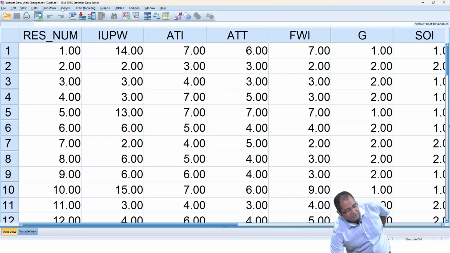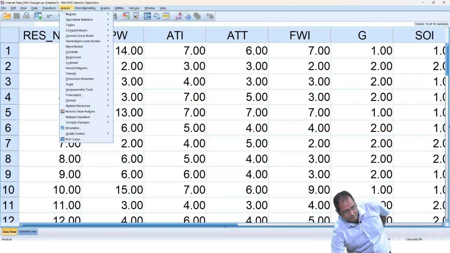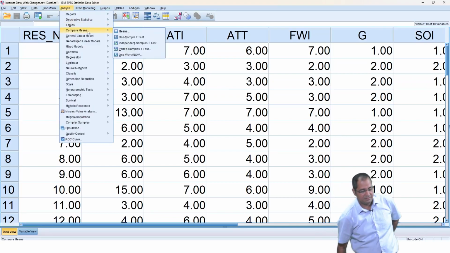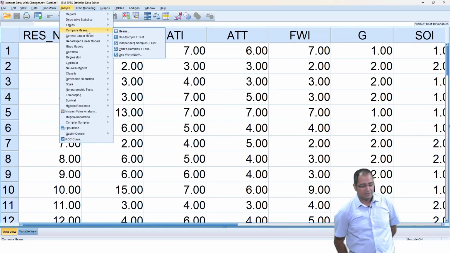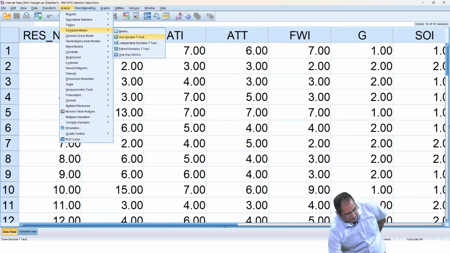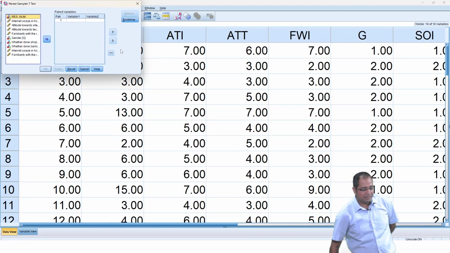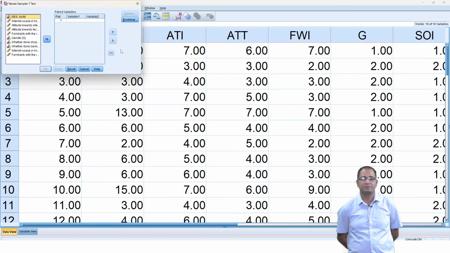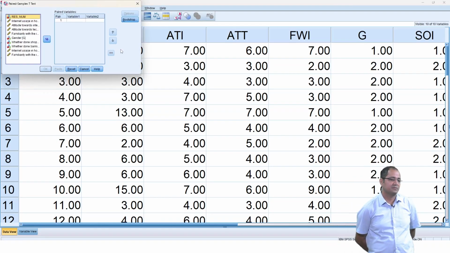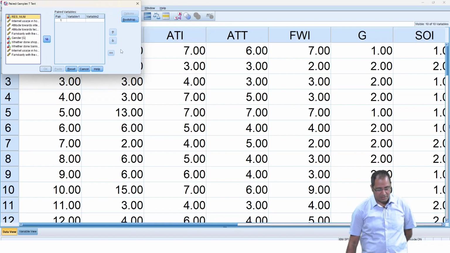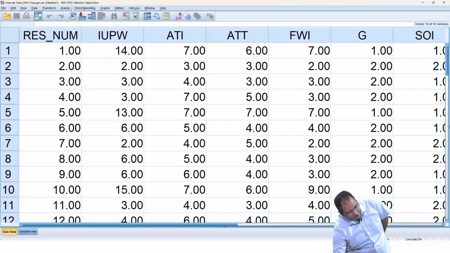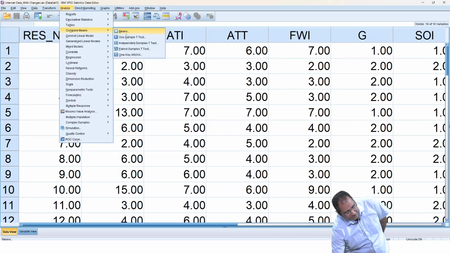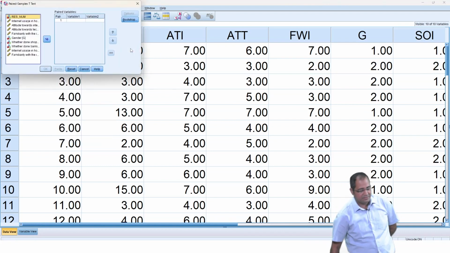You have to go to Analyze, Compare Means, paired sample t-test. What is the pair?